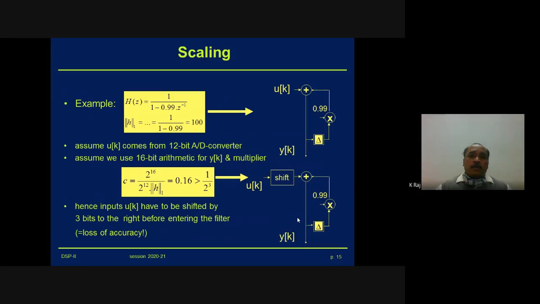For that purpose, we have considered one example, and we have taken the transfer function of a first order digital filter, 1 upon 1 minus 0.99 z to the power minus 1.